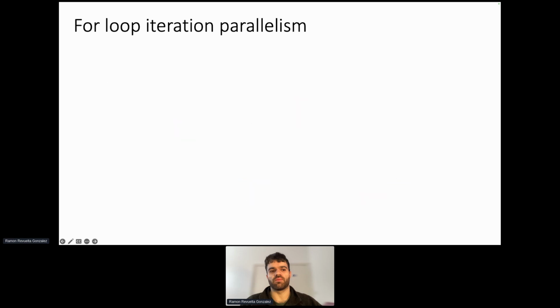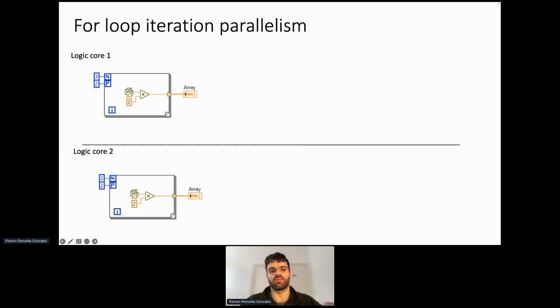Well, LabVIEW provides us with something called for-loop iteration parallelism. If you right-click on your for loop and enable iteration parallelism, you have the option to specify the number of parallel instances and also the chunks, the partition size assigned to each of these instances.